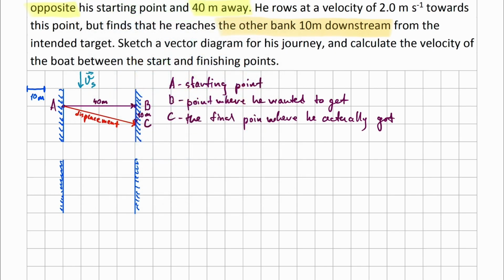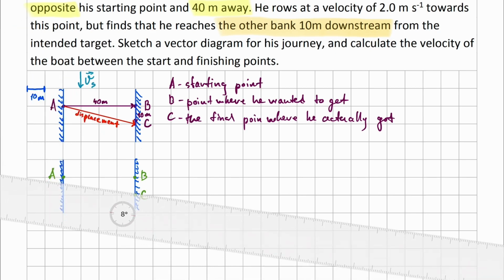I'll choose some green for that to show that this is a different vector. So this is the point where he actually got. So the comment to this thing is exactly the same. But now we need to draw. And what will we draw?